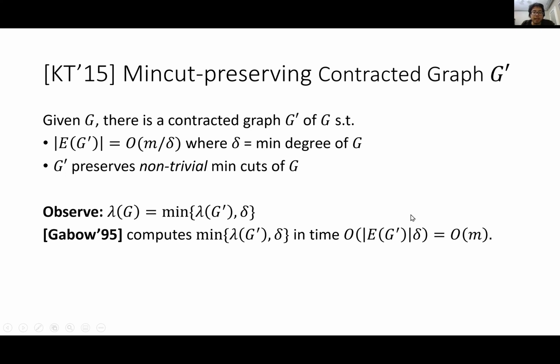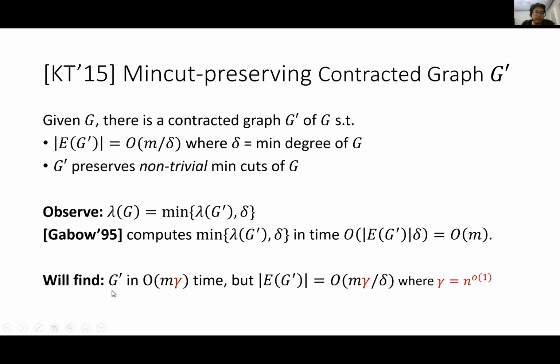But now once you plug in this G prime with this guarantee, this time is exactly just linear in m. So it means that given G prime, you are done. You get the edge connectivity in linear time.